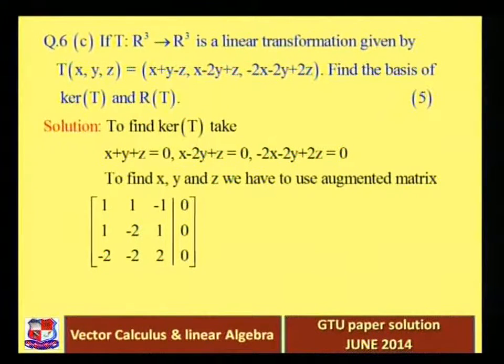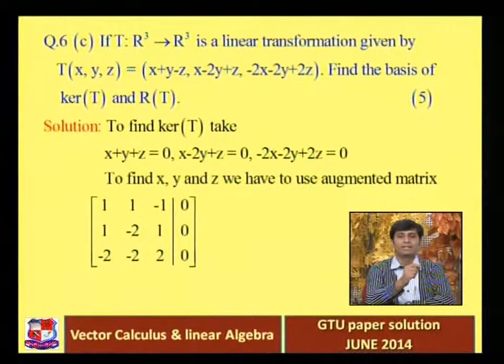Second condition: there is a leading entry, which means the first non-zero element in that particular row. Below that leading entry, all the elements should be 0. And whenever we go from above to below, the leading entry goes from left to right.